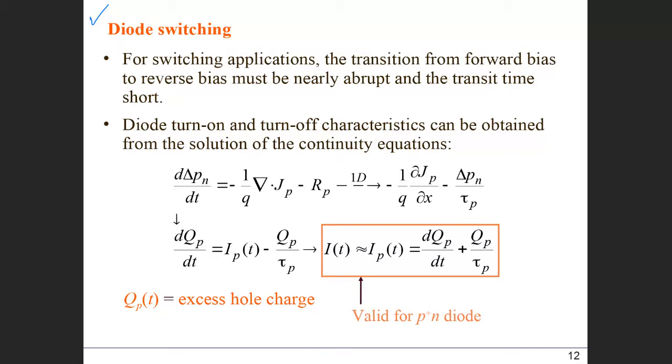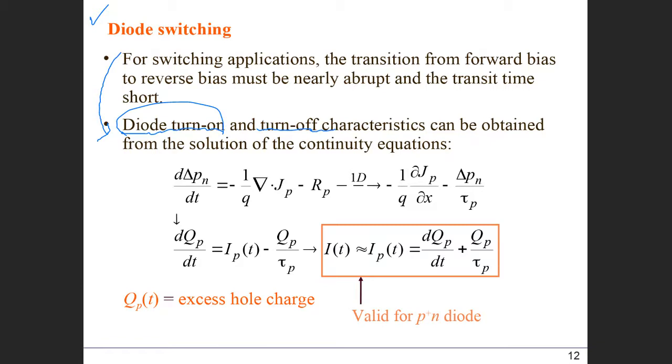So when you look at the transient response of the PN junction diode as a switching device, we look at the turn-on characteristic and the turn-off characteristic. Turn-on means that initially the diode was off, so there's no current flow.